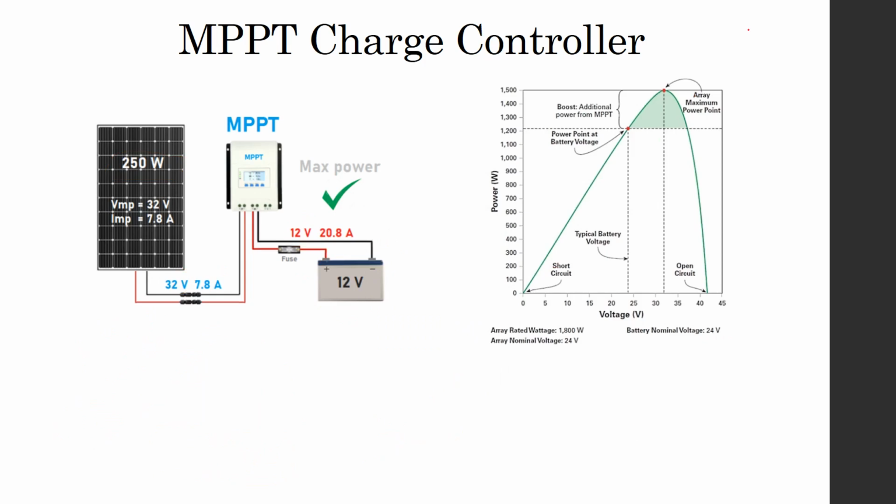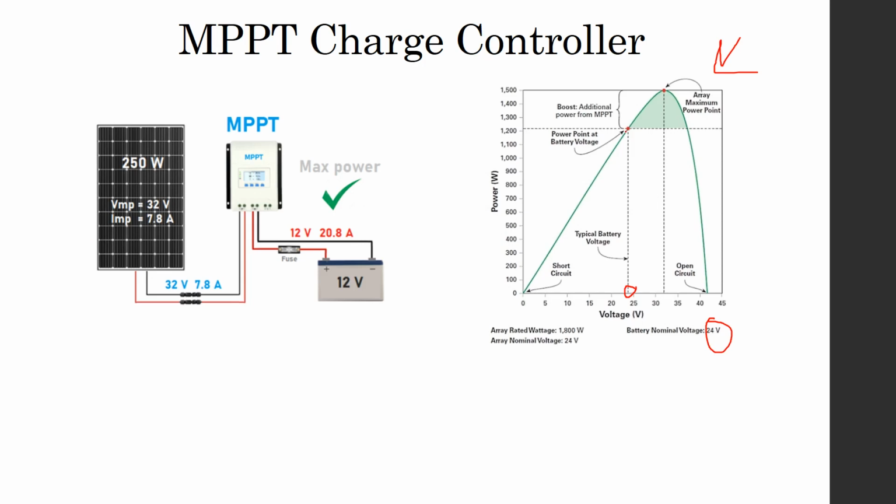Now here is another example. You can see that this curve also represents a PV array. Now if we are using a battery voltage of 24 volt, for example, what will happen if we make the panel voltage 24 volt?